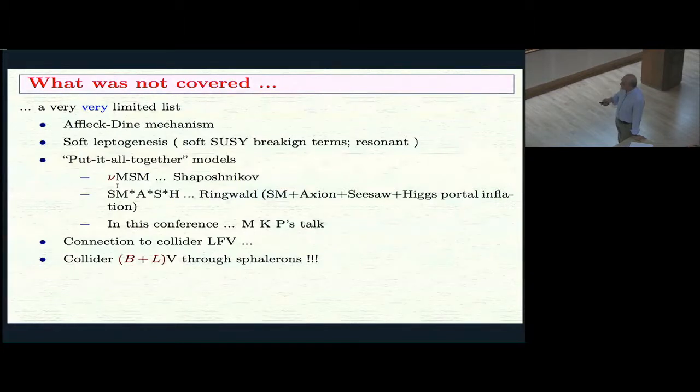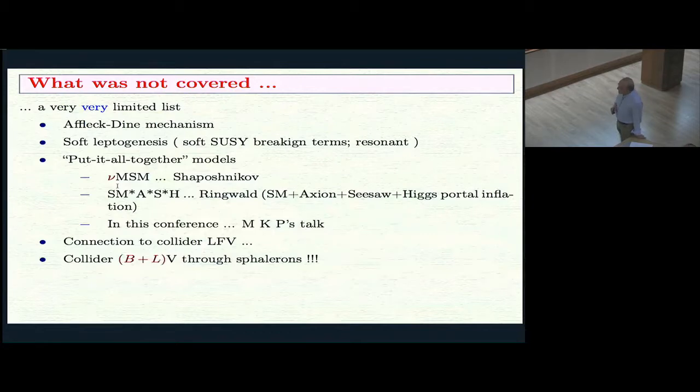And finally, the Higgs would produce inflation. So they call it the SMASH model, and they try to fit all the parameters together to show it is working. Of course, at this conference yesterday, we heard Professor Parida's talk, where he also puts together all of the ingredients of the early universe.